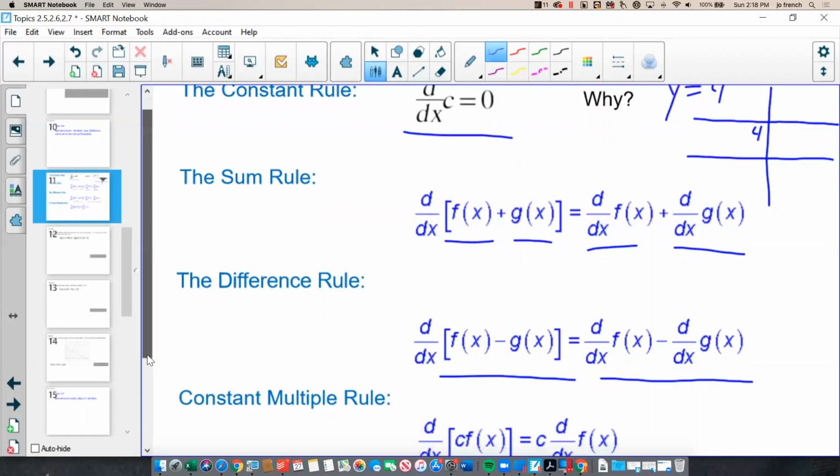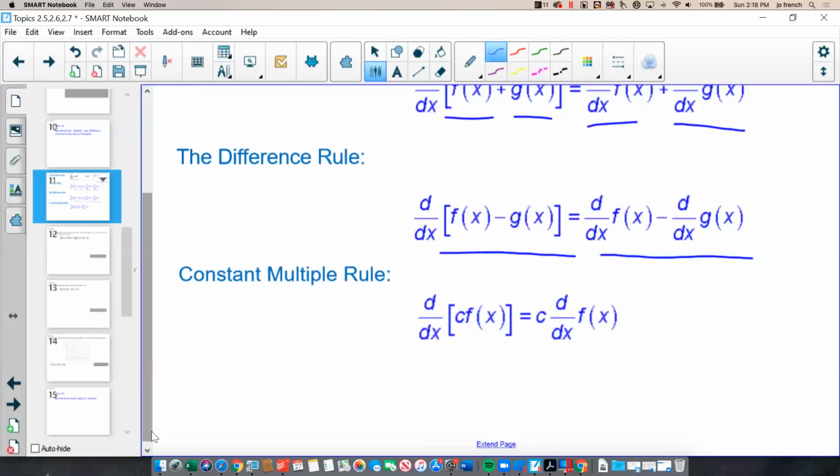The constant multiple rule says that when we have a coefficient being applied to a function, the derivative also includes that coefficient as part of the answer.